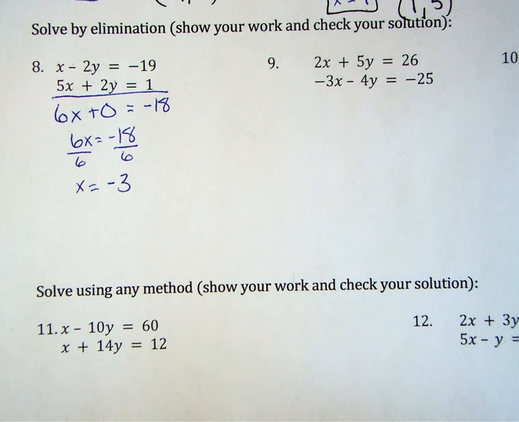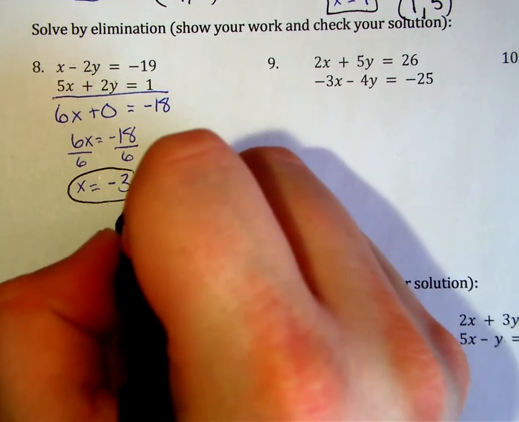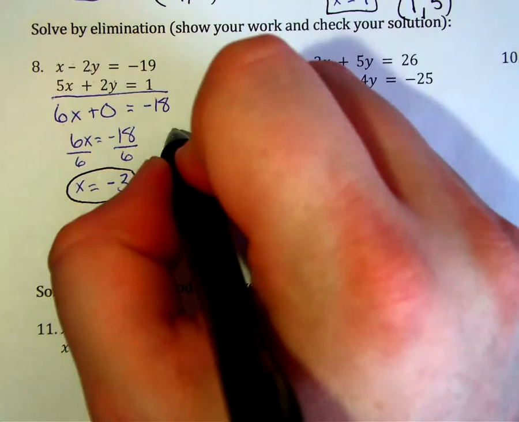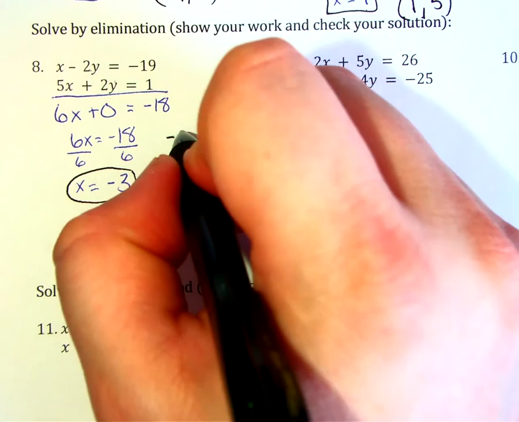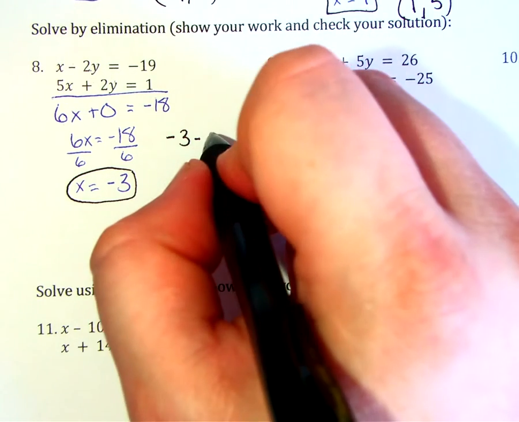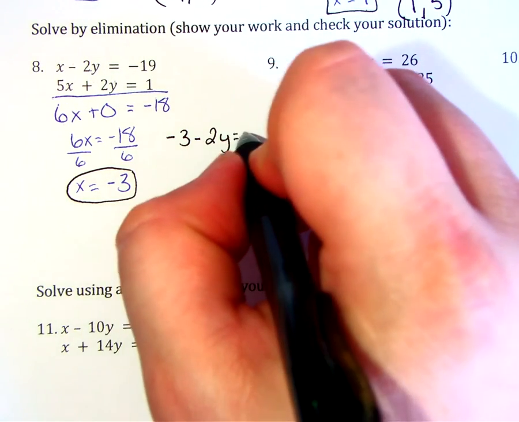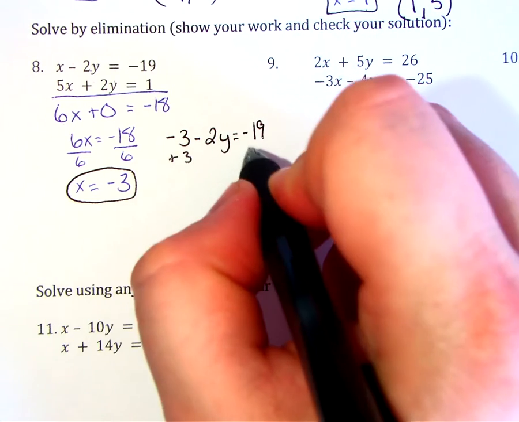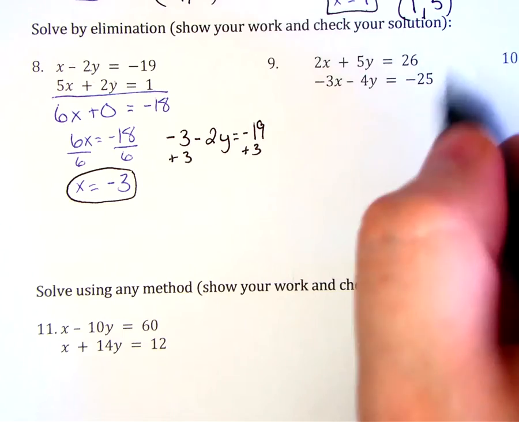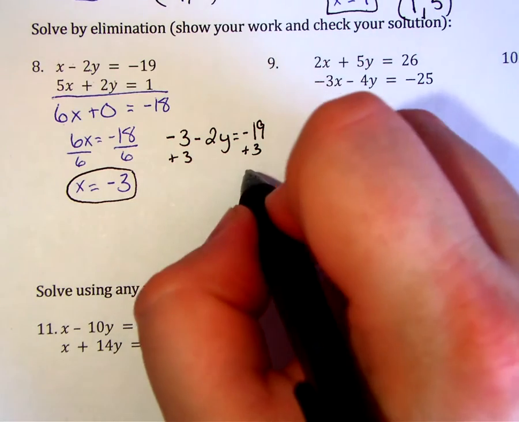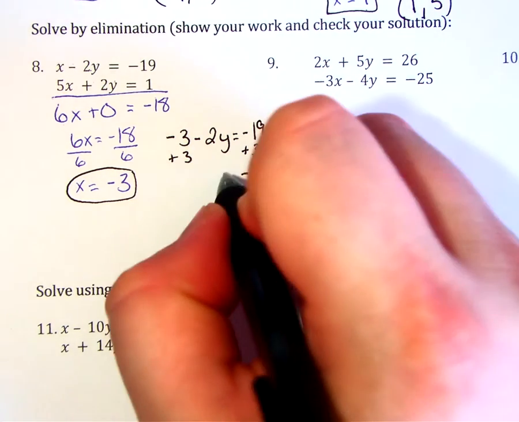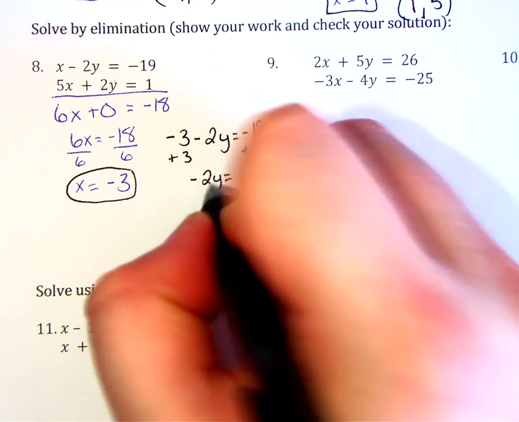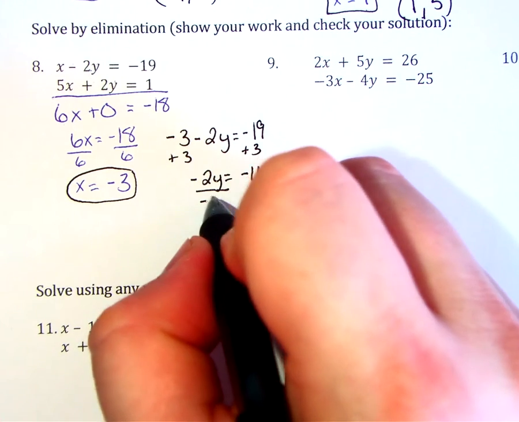Now that I know my x value, I can solve for my y value. I'm going to take that x value and plug it back into one of my equations. -3 minus 2y equals -19, where I will add 3 to both sides and end up with -16 is equal to -2y, and I'll divide by -2.